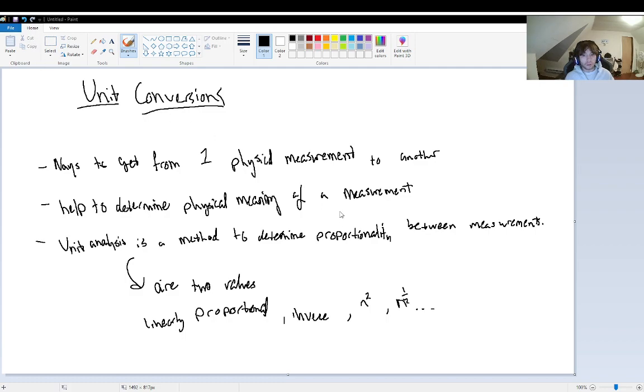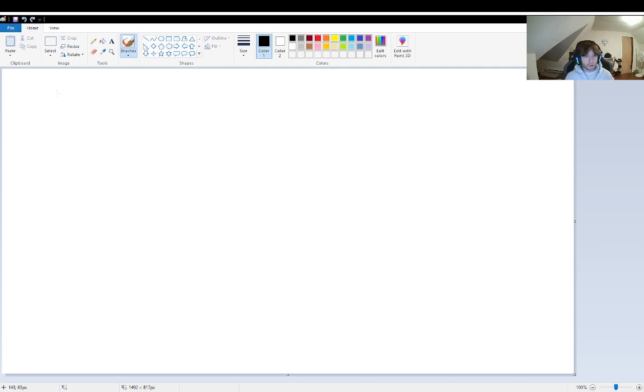So the easiest way to do unit conversions sort of relies on fractions.